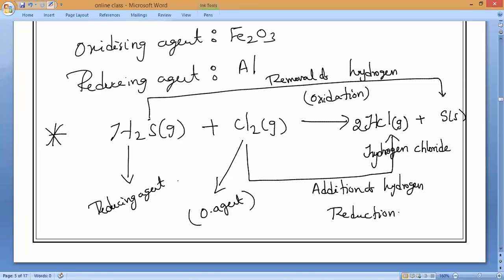Why am I calling chlorine an oxidizing agent? Can anybody answer? An oxidizing agent either supplies oxygen or helps in the removal of what? Removal of hydrogen. That is why it is called an oxidizing agent.